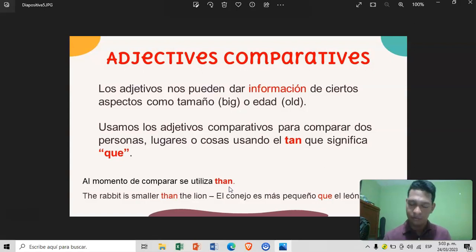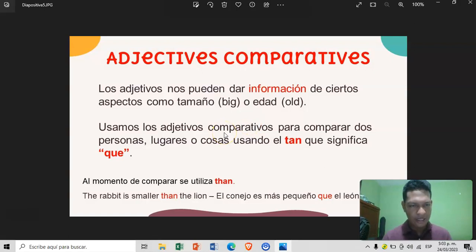El conejo es más pequeño. El más pequeño is smaller. And que is going to be than the lion. So we are going to make a comparative between the rabbit and the lion. The que in Spanish is than.